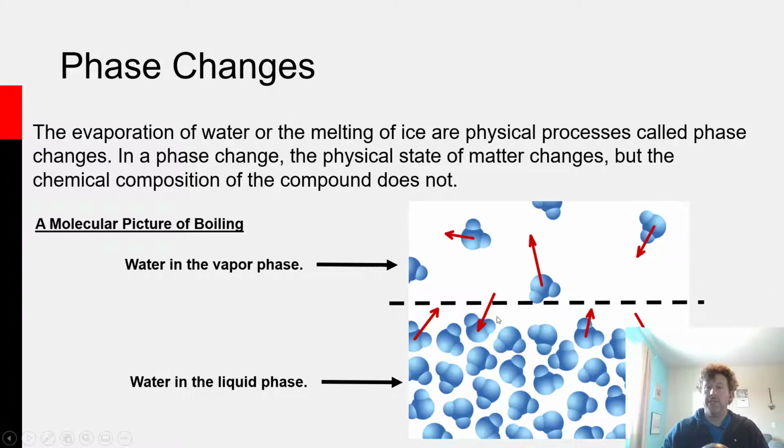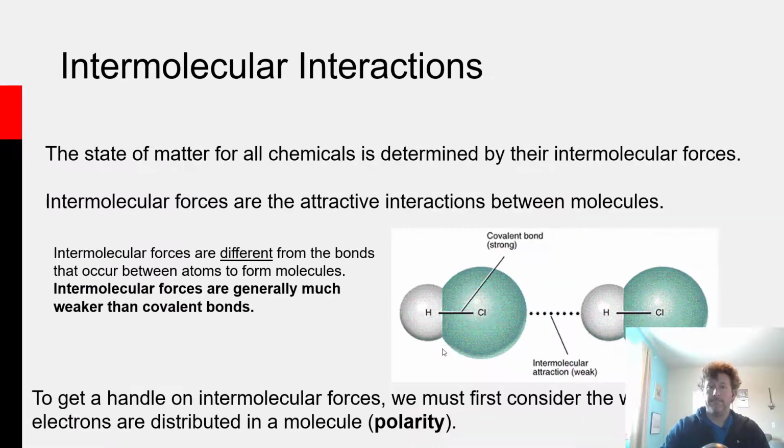So what I really want to emphasize here is that when we're talking about intermolecular forces, we're talking about the attractive forces that do exist between two water molecules and attract the water molecules together. We are not talking about the covalent bonds that hold the atoms together inside the water molecule. Where do these types of intermolecular forces or intermolecular interactions come from?